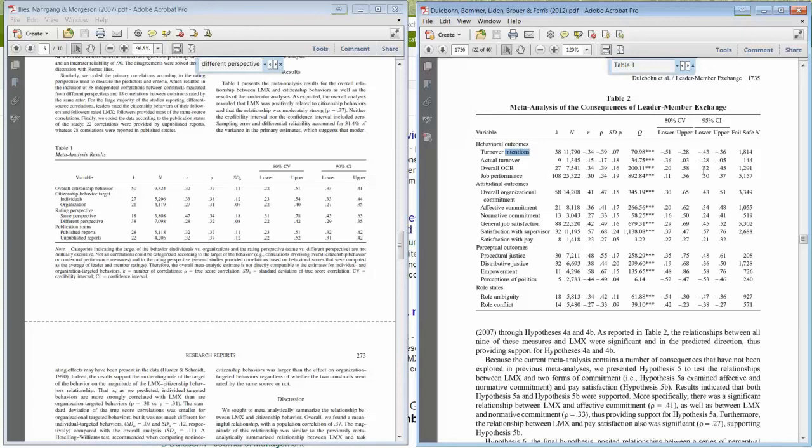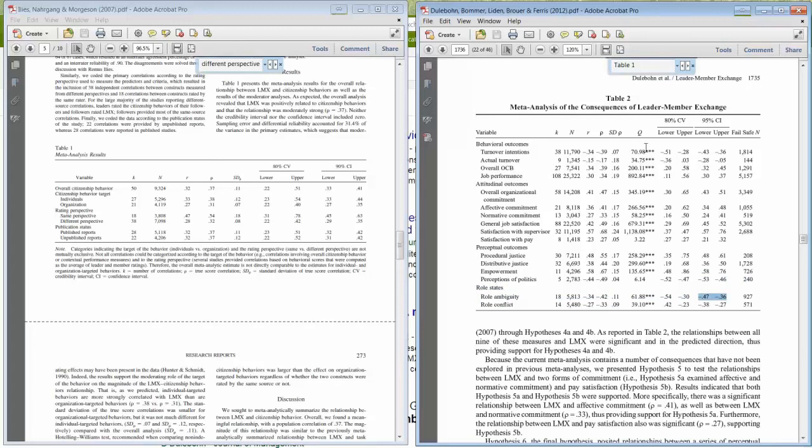We also find that it has an effect that remains consistently above substantive levels for organizational citizenship behavior, for job performance, for overall organizational commitment, for affective commitment, for general job satisfaction, for satisfaction with the supervisor, for procedural justice, for distributive justice, for empowerment, for perceptions of politics, for role ambiguity, and that's it.